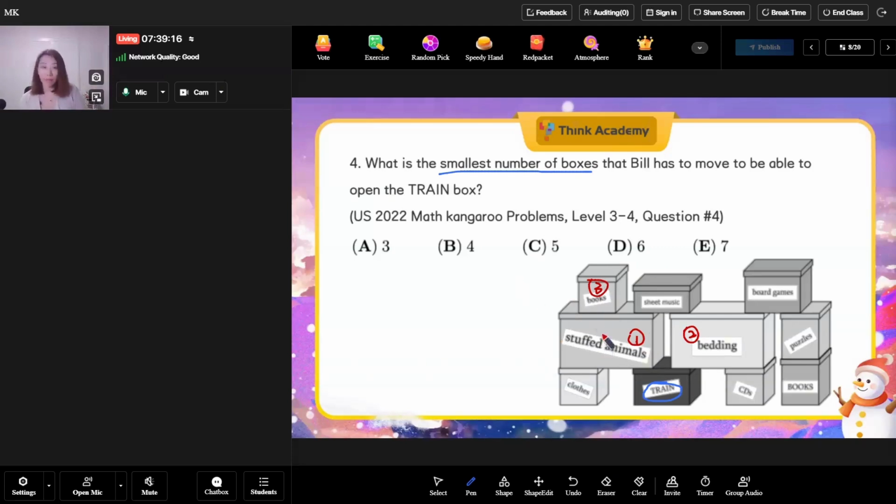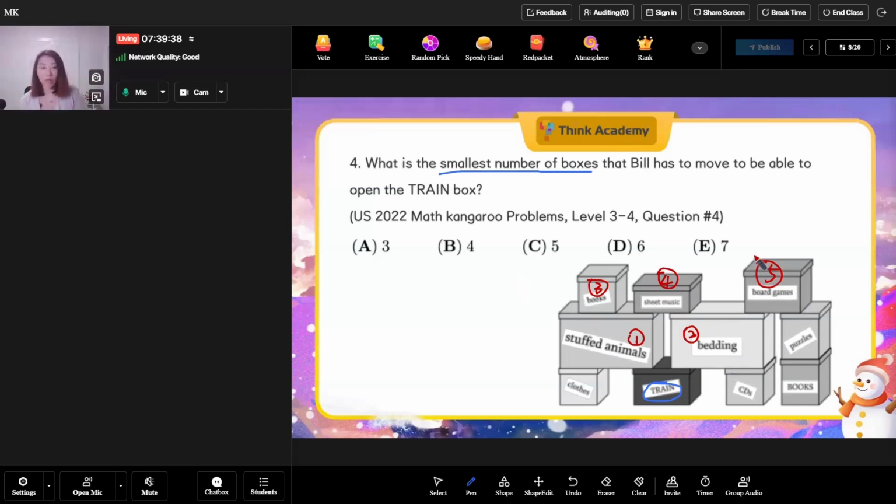Anything else? The sheet music, right, is on top of the stuffed animal and the bedding at the same time. So of course, I need to remove this sheet music box before I can touch the stuffed animal and bedding. And anything else? Yes, this board games is also on top of bedding, so I need to move that first.